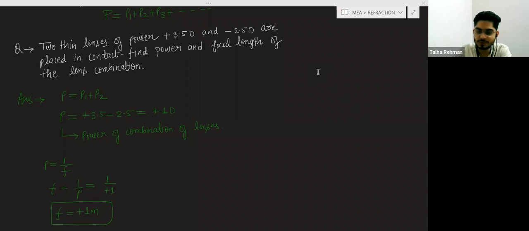Revise your notes properly, and this test is for your benefit only, not for my benefit, because I know all these things. But you have to give the exam, and the more practice you do, the more questions you solve, and the more you revise, the better marks you will get. It's for your benefit.